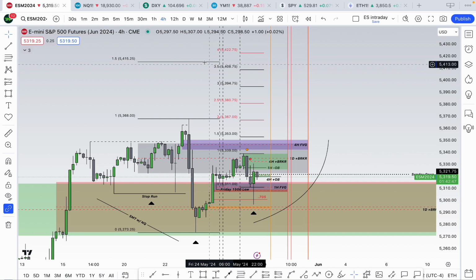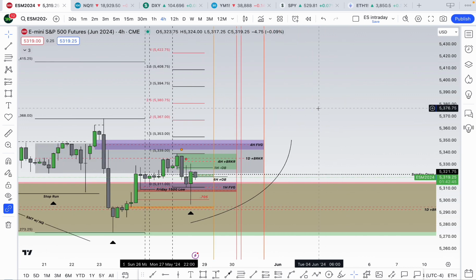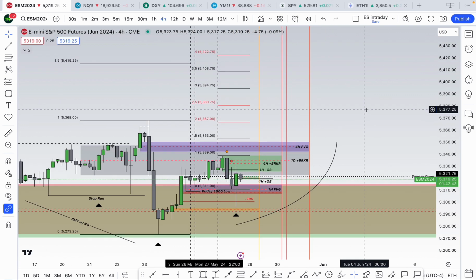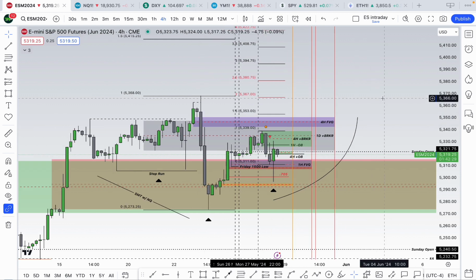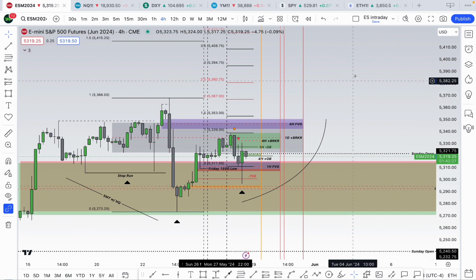So things are starting to line up here, and I just had to be patient today. I took a trade and lost like $79, like a point or so. It was moving, but then I got out during this 10 o'clock candle because it just wasn't moving in my direction, and I stayed out. I'm learning how to let things play out without me, and not be in such a rush to take a trade.